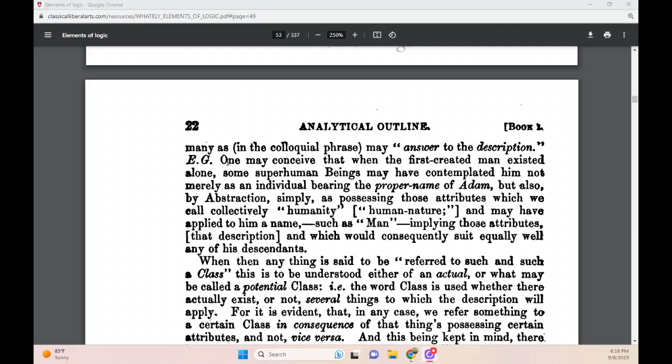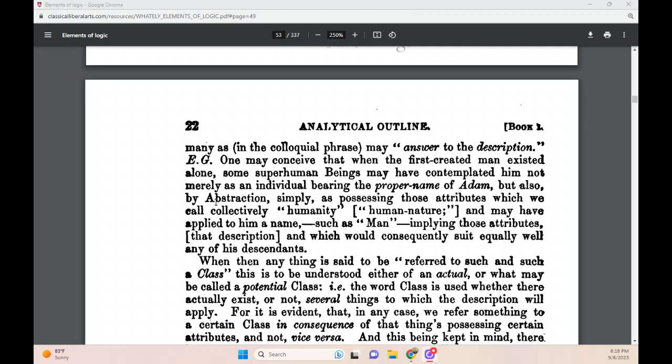For example, one may conceive that the first created man existed alone. Some superhuman beings may have contemplated him not merely as an individual bearing the proper name of Adam, but also by abstraction or more universally, simply as possessing those attributes which we call collectively humanity.